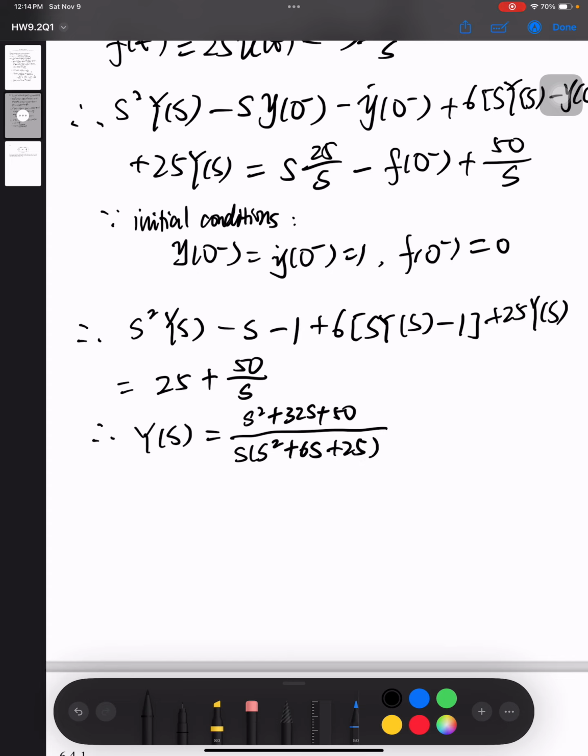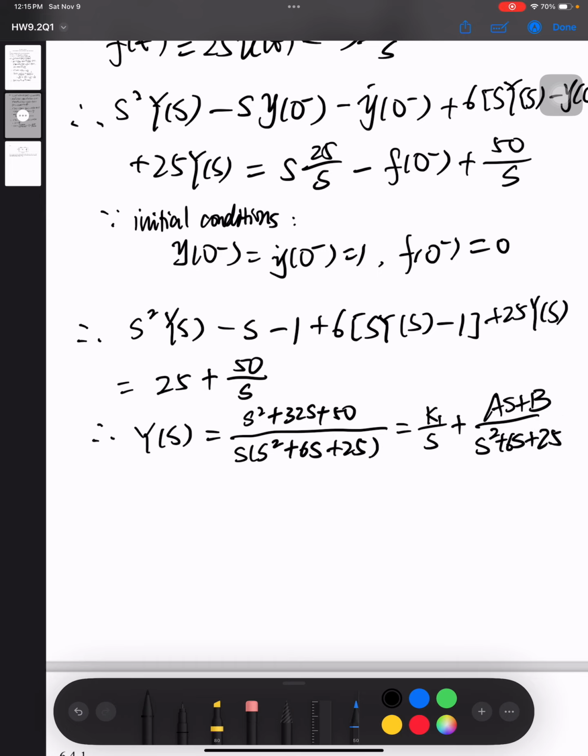And for this, we now convert this problem into just finding its inverse transform, right? So first we can get some simplification: k1 over s plus (as plus b) over s squared plus 6s plus 25.